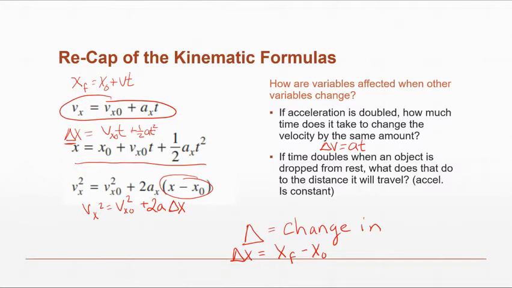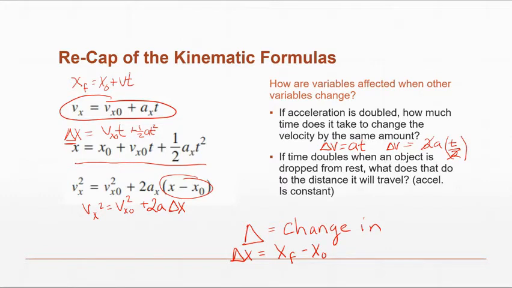If I'm doubling my acceleration, so I have 2 times a, how do I make that equal to the same value of change in v? Well, I would have to have t cut in half. So it's going to actually take half of the time if acceleration is doubled.